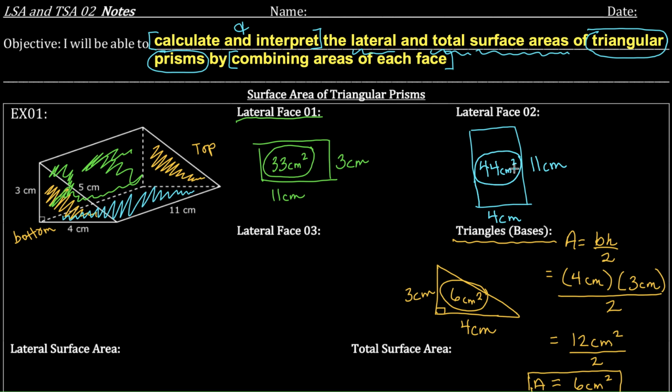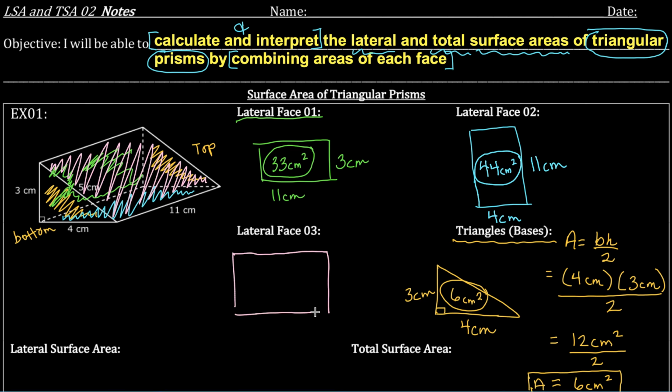Okay, and our last lateral face. I guess we can make this one pink. Now, this is the last one. It's the largest looking rectangle in the diagram. I'm going to draw that. And we have 11 centimeters by, this is where the 5 centimeters comes in.